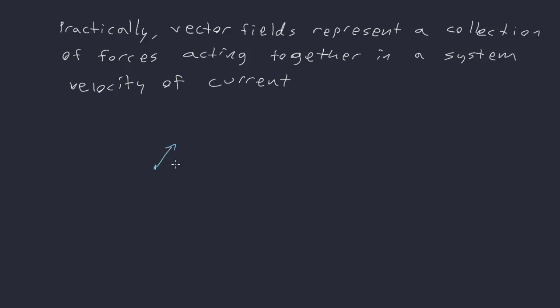So say here's the water, and it's pushing at different velocities at different points in the river. So if we're a boat and we want to move across here, at each different point along our path, we're going to have a different force that the current is applying on us.